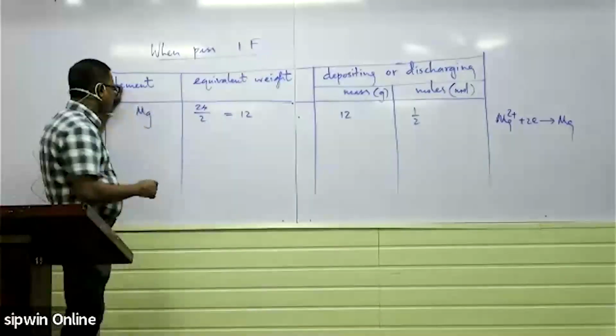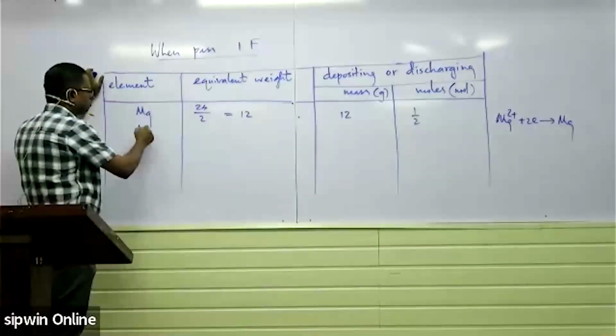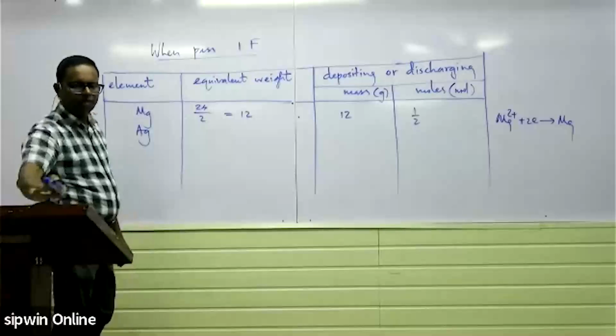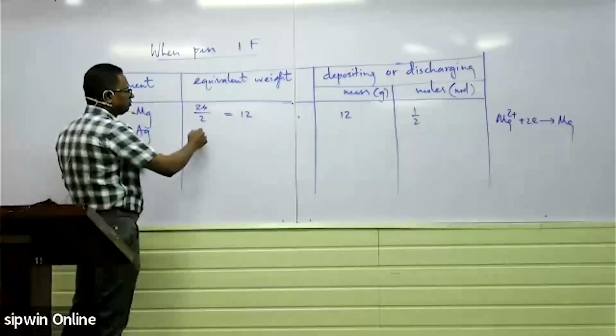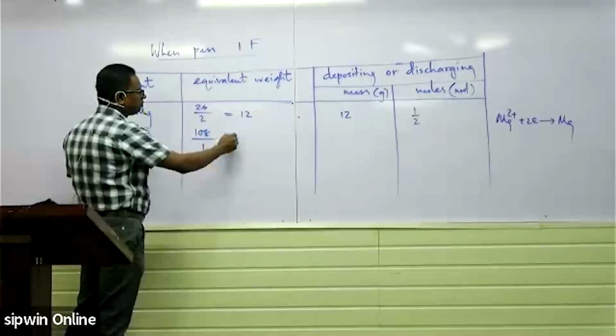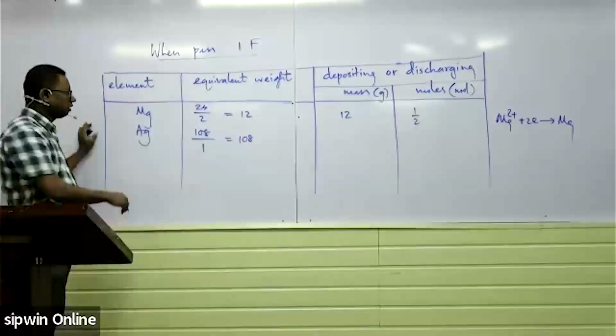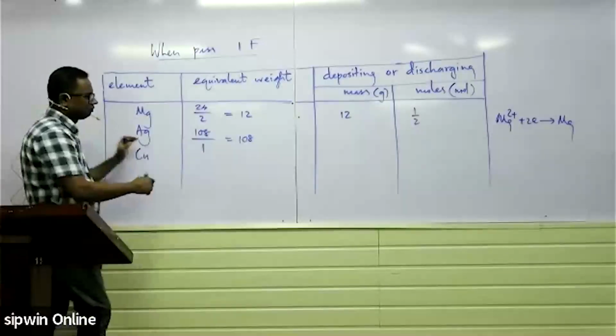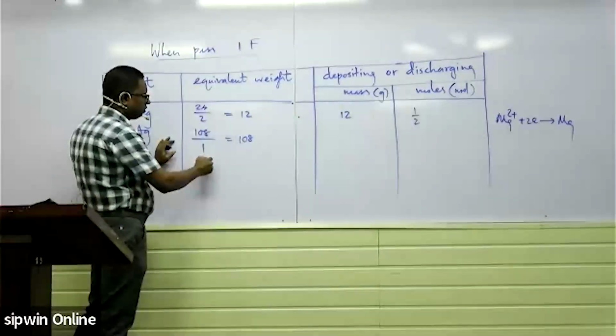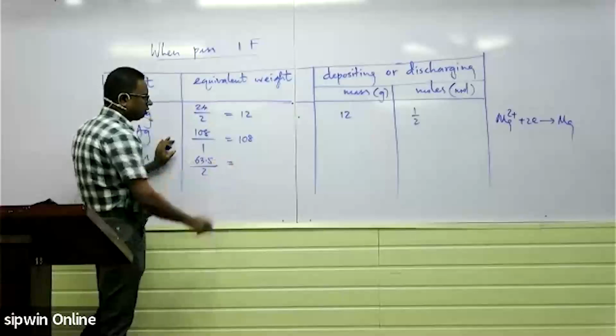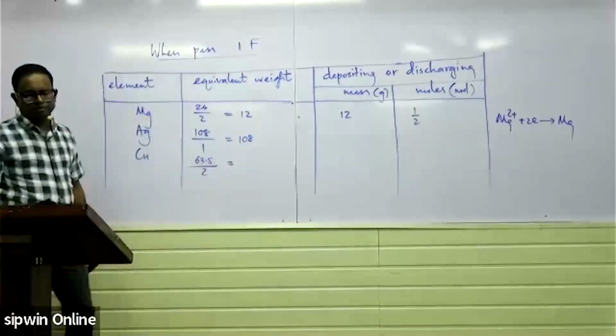Silver: 108 divided by 1. Complete it. Copper 63.5, copper 2 plus.